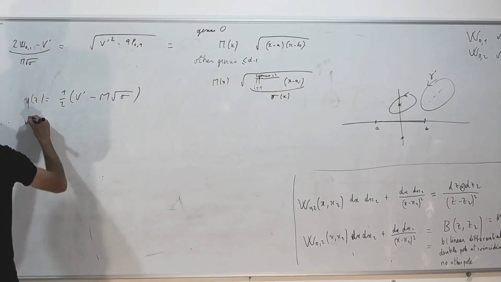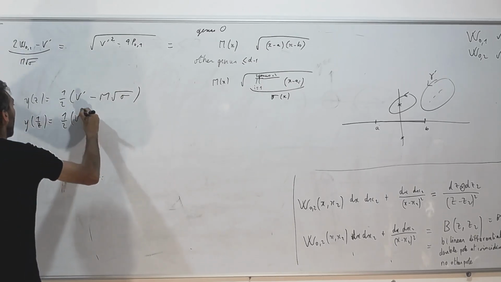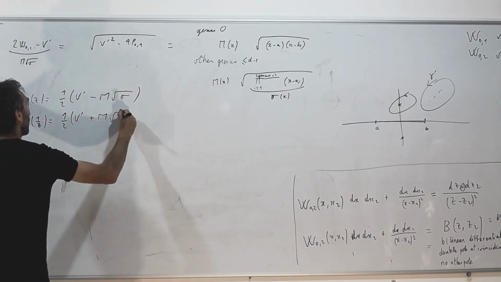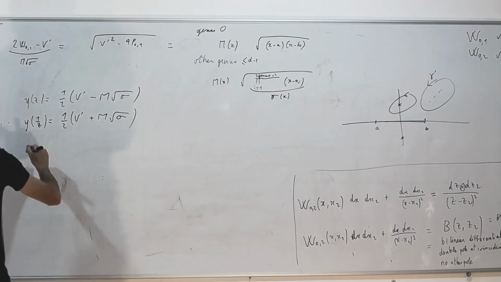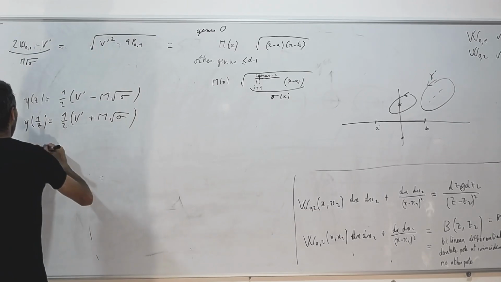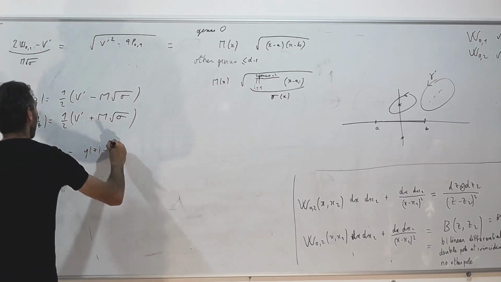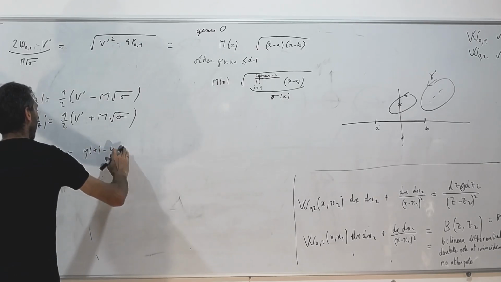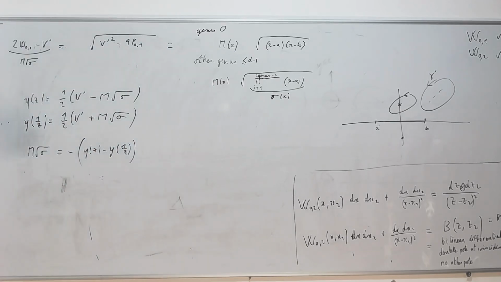So y, when you evaluate it at 1 over z, is 1/2 of v prime plus m square root of sigma. Which means that m square root of sigma can be written as minus y of z minus y of 1 over z. Okay, just a kind of smarter way to write m square root of sigma.